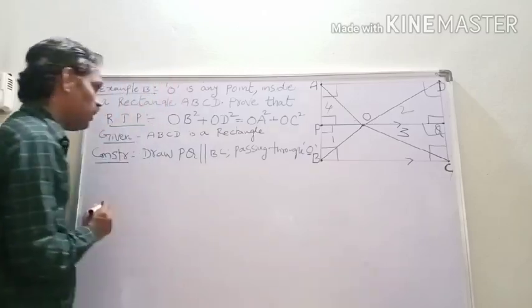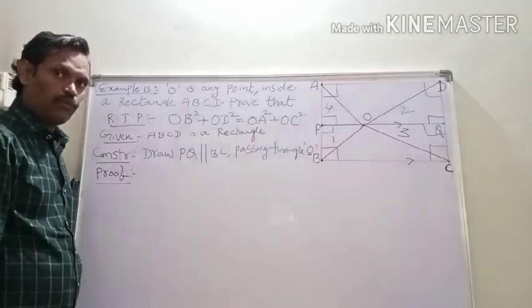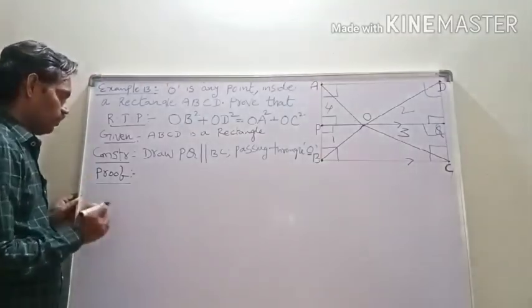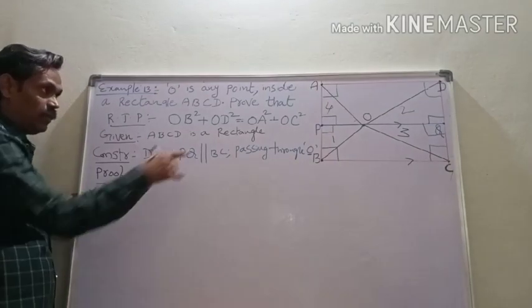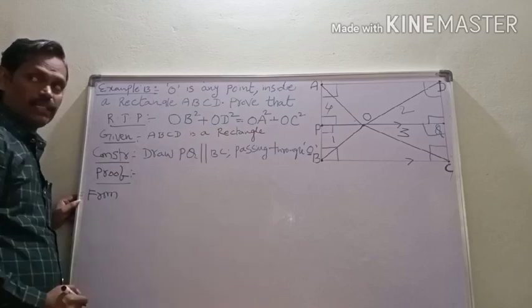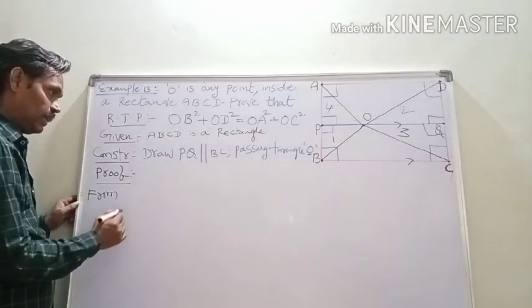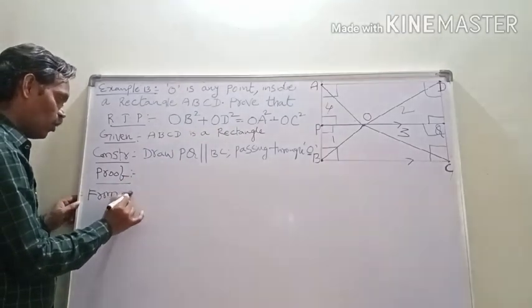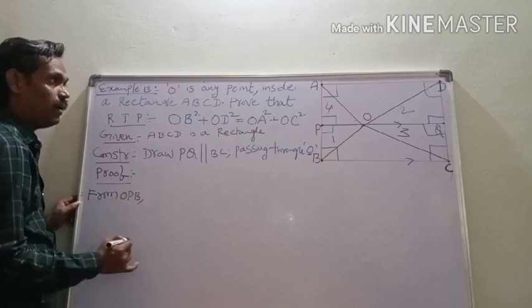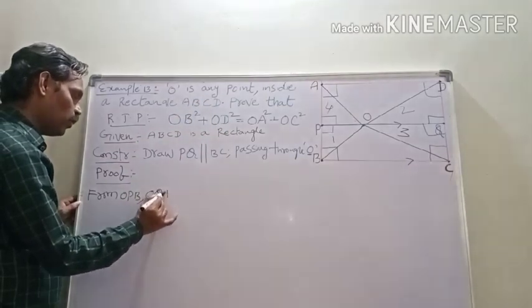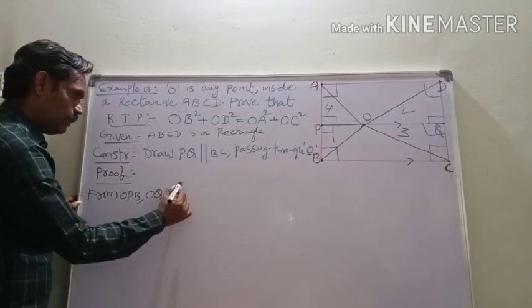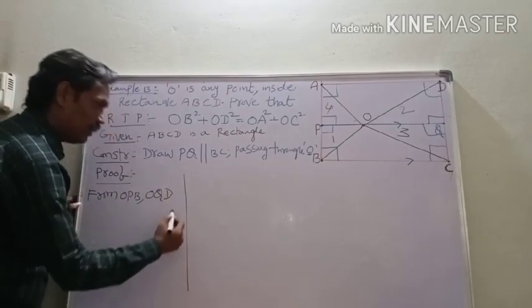So here, come to the proof. You will take the first triangle and the second triangle as a pair. So what is the first triangle? From OPB, the second triangle is OQD. Then you will take another pair on this side.